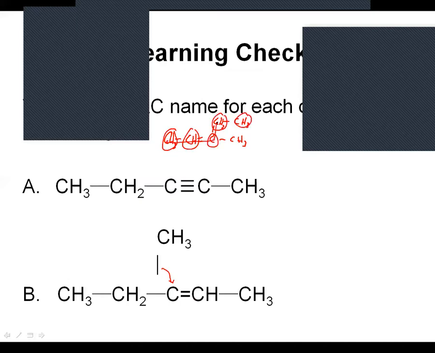And then this would be your longest continuous carbon chain, which would get you to pentene. Again, going the other way, without the extra guy there, you would need another carbon to get to that pentene part. And then this would be the group that would be attached.